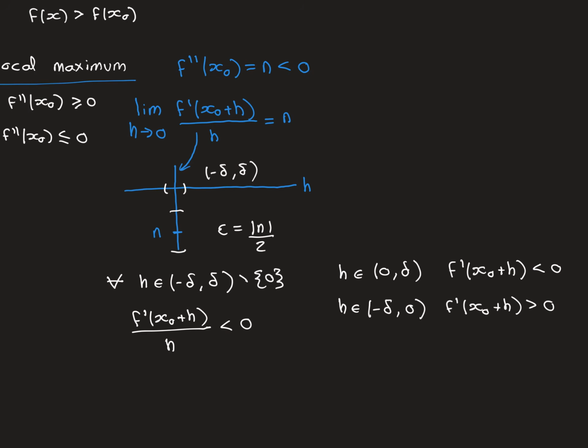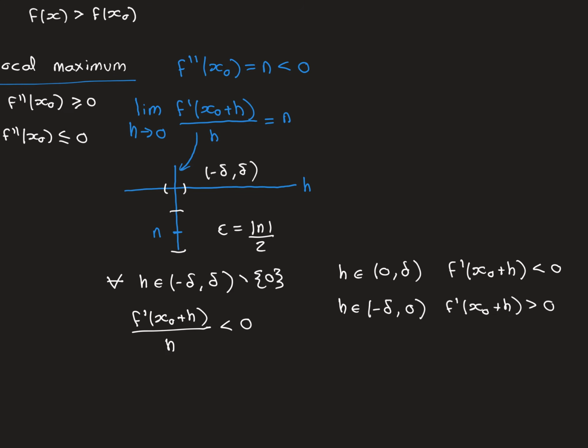And I can divide this up further, so if I consider an h in the interval from 0 to delta, then that's a positive value of h. So if this quotient has to come out as less than 0, and h is positive, that means the numerator must be negative, so I can conclude that f prime at x0 plus h for h in this positive part of the interval must be less than 0.